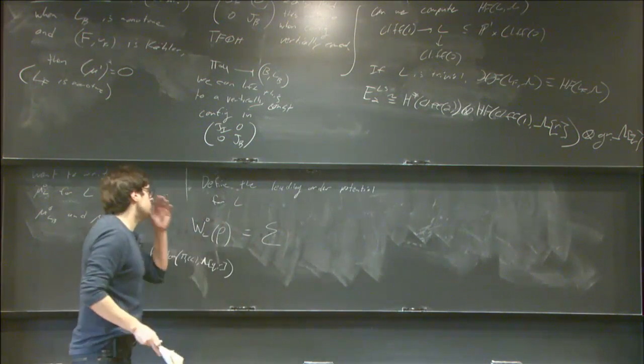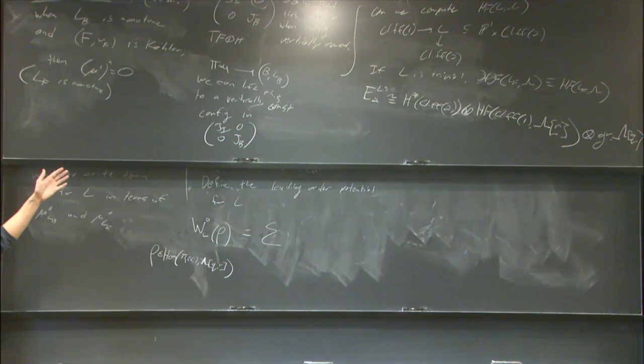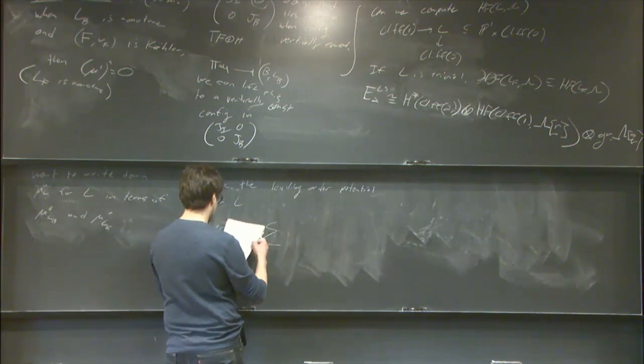Okay, so essentially I'm just going to take the mu 0 part of this A infinity algebra and just take the terms which are of degree 0 in Q and which have minimal degree in Q. So this is kind of what you expect.